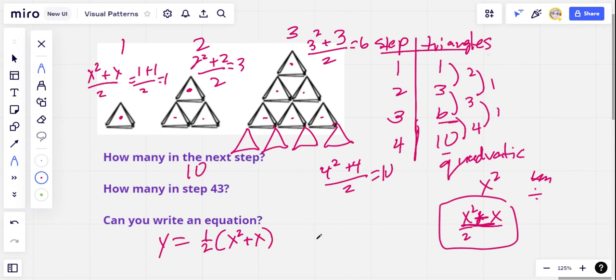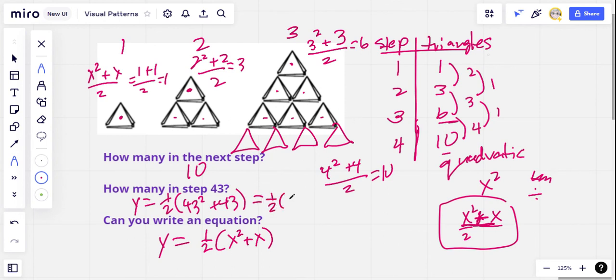Let's try step 43. So for step 43, we'd need to plug in that 43 for x. So let me write that out. Y equals 1/2 times 43 squared plus 43. So 43 squared is 1,849.